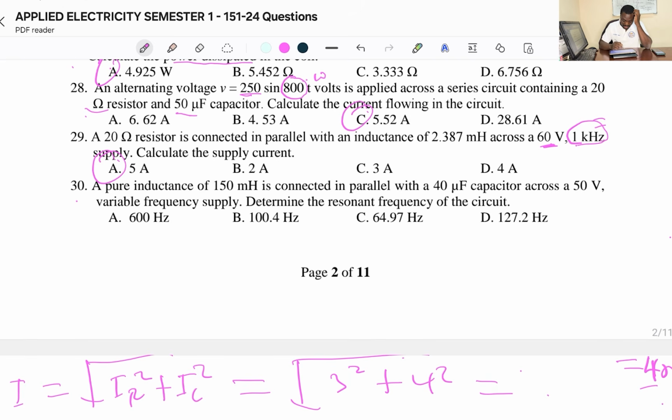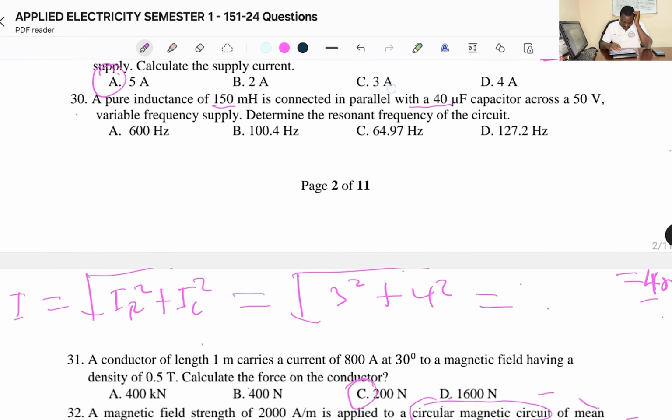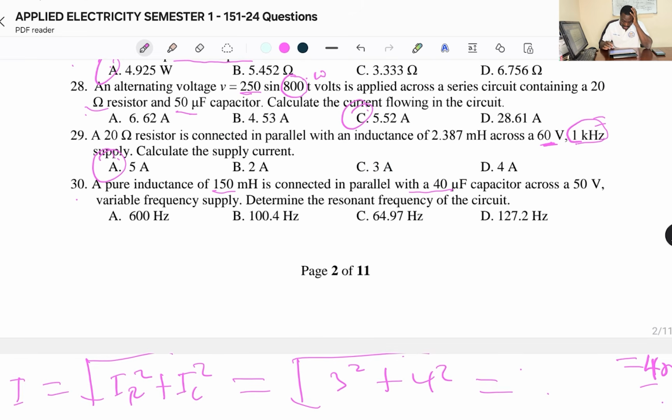So you can see here we are having a 150 millihenry inductor connected in parallel with the capacitor. Okay. So with this question, I think something is missing here.